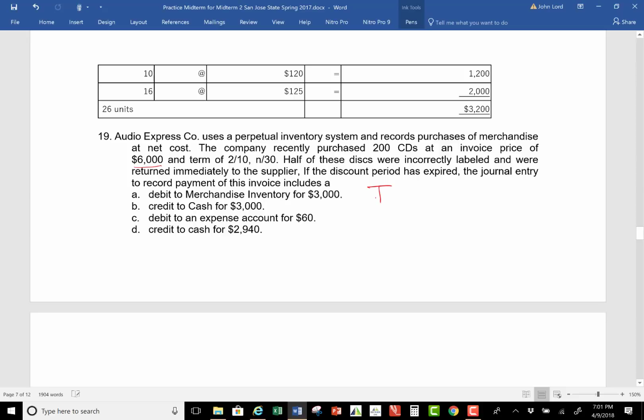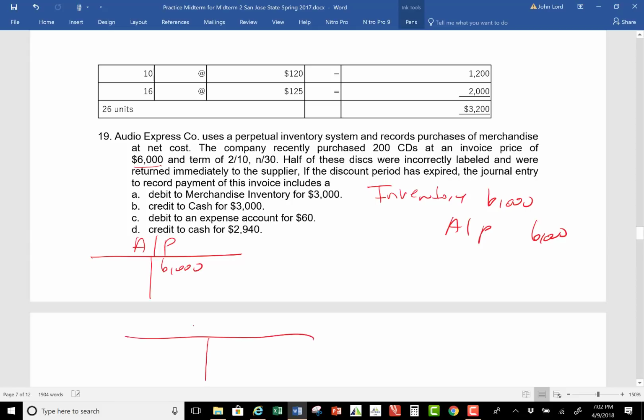So they should have debited inventory at that time and credited accounts payable for $6,000. With me so far? Now I'm going to tee up accounts payable over here and credit it for $6,000. Let's do inventory too, for $6,000, just teeing those up.